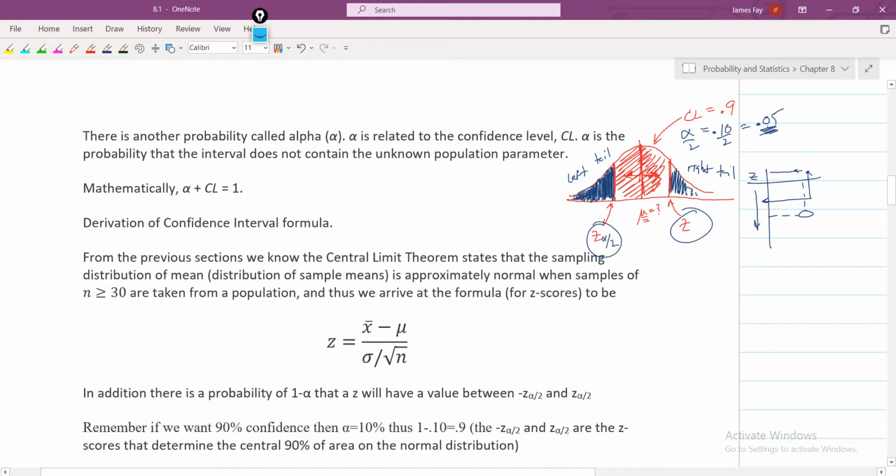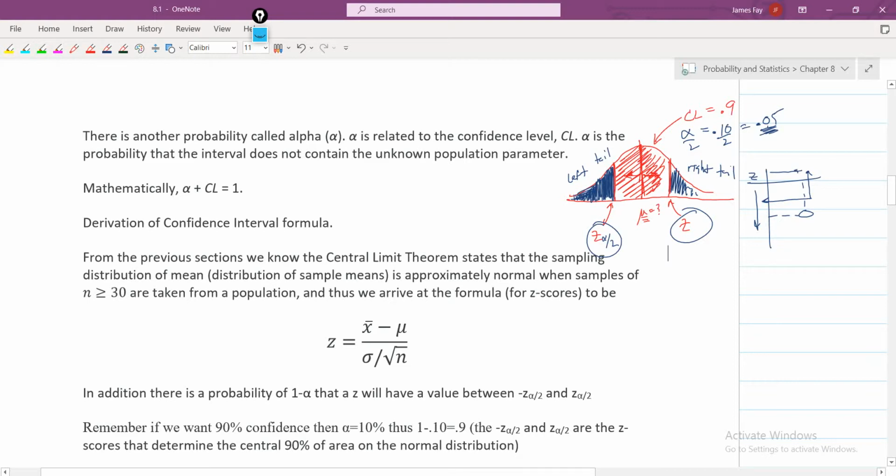But I want to derive our confidence interval formula that you're going to see and we're going to use quite a bit. Our formula comes from this. If you remember, this is the z-score formula for working with sample means from the central limit theorem. So it's from the previous sections.